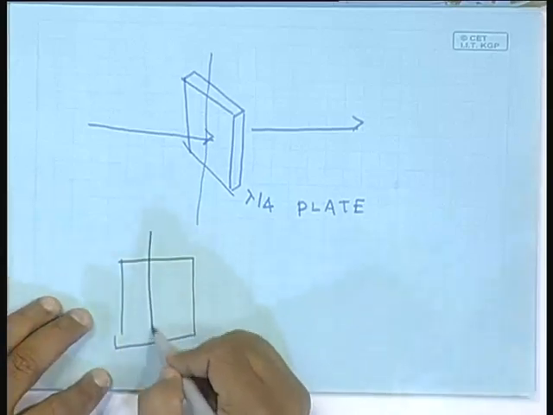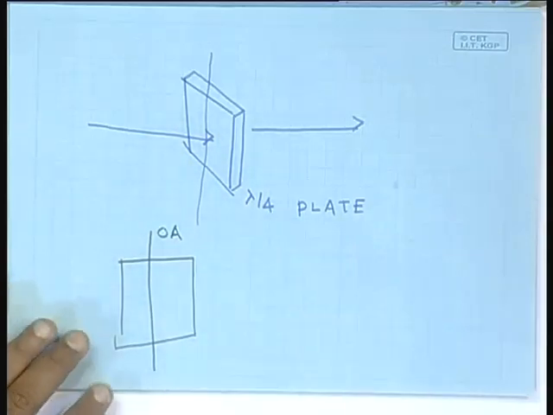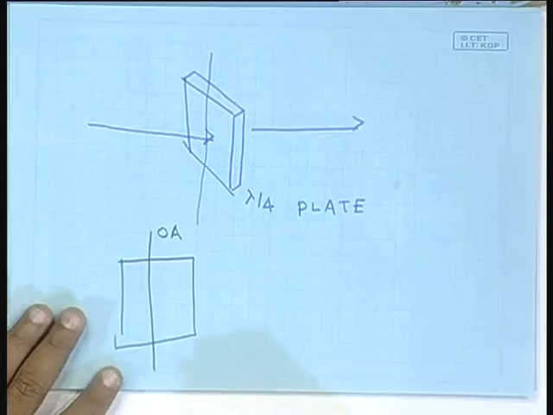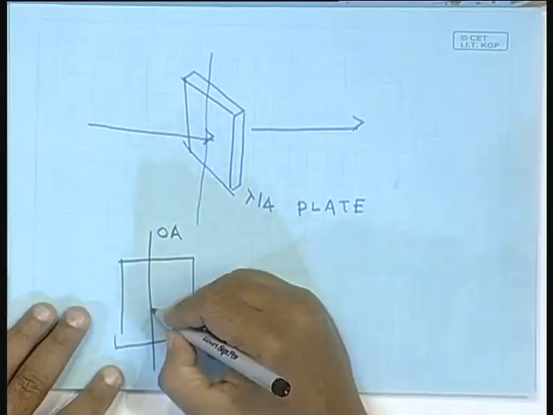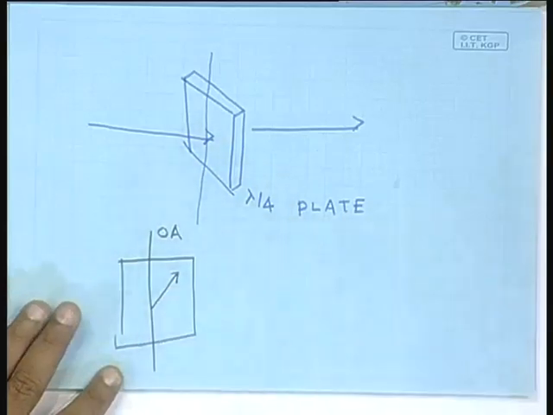This is the optical axis, and let us consider a situation where the incident light is polarized at 45 degrees to the optical axis.